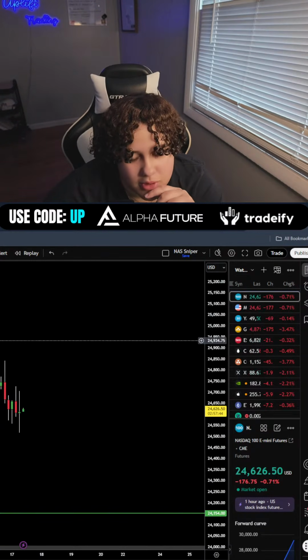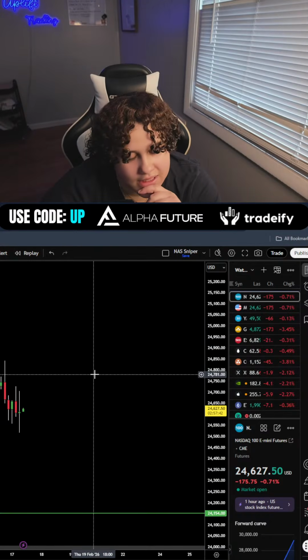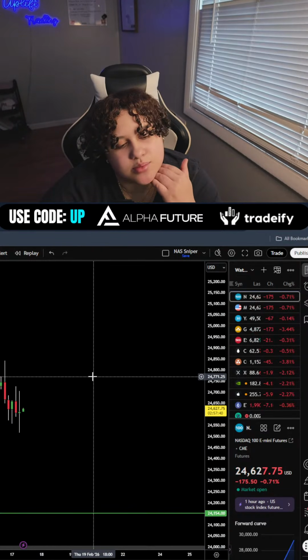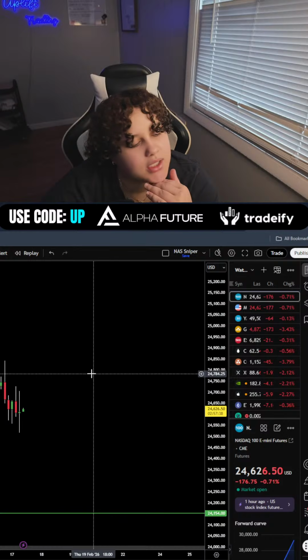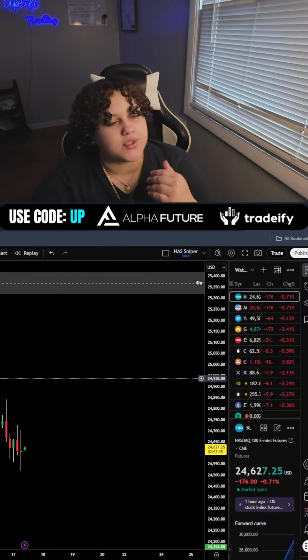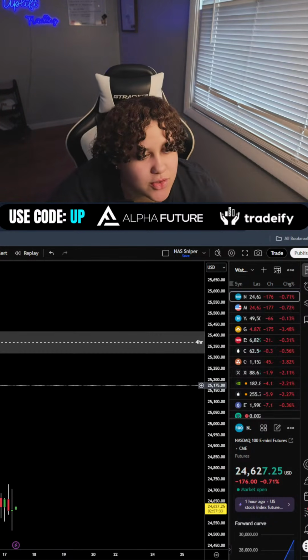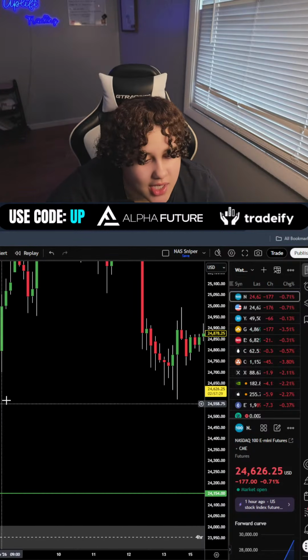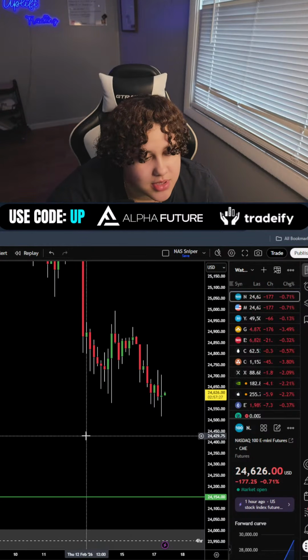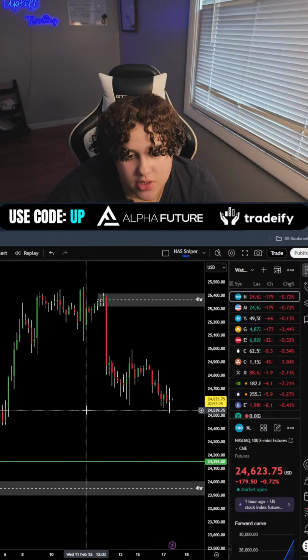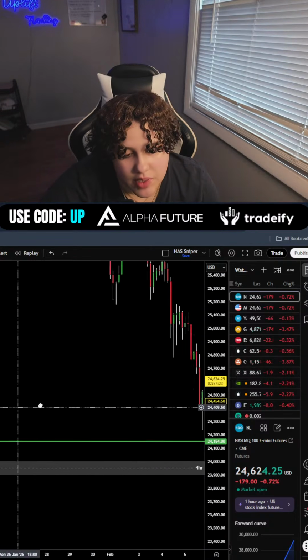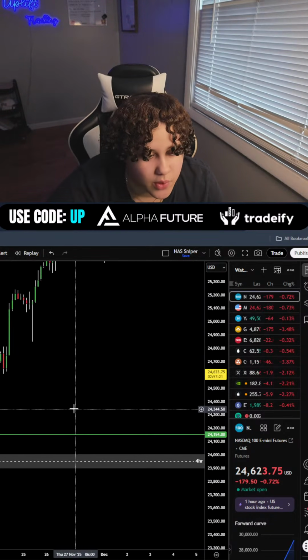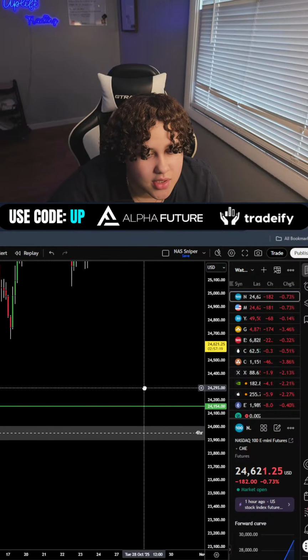If the market opens up around VWAP and stays there for a while, I probably won't trade that day. What used to happen to me is I would lose a bunch of trades if I took them around VWAP. So now I just avoid those types of trades.